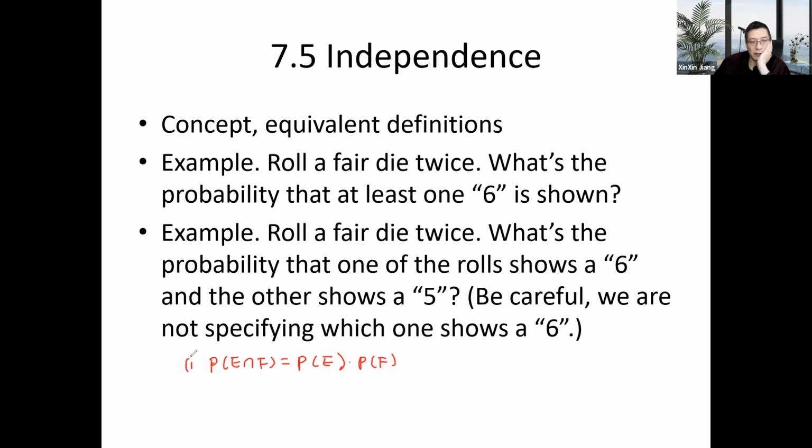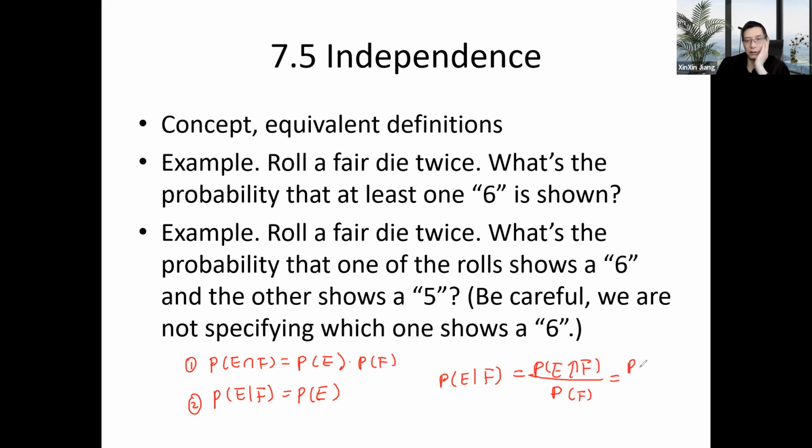Another equivalent definition is this one. Using algebra, it's quite easy, right? You look at the definition of conditional probability, but then if they're independent, use the first condition, which is the product.